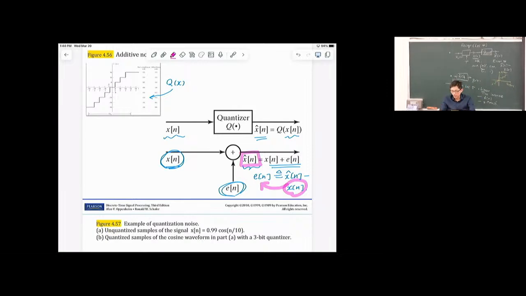Sometimes this error is called quantization noise, or quantization error. By quantization, equivalently, we think of it as if we are introducing an error term, a noise term.